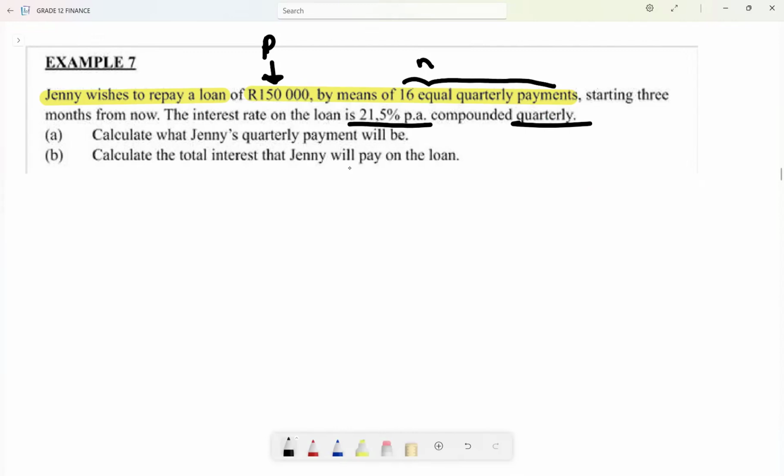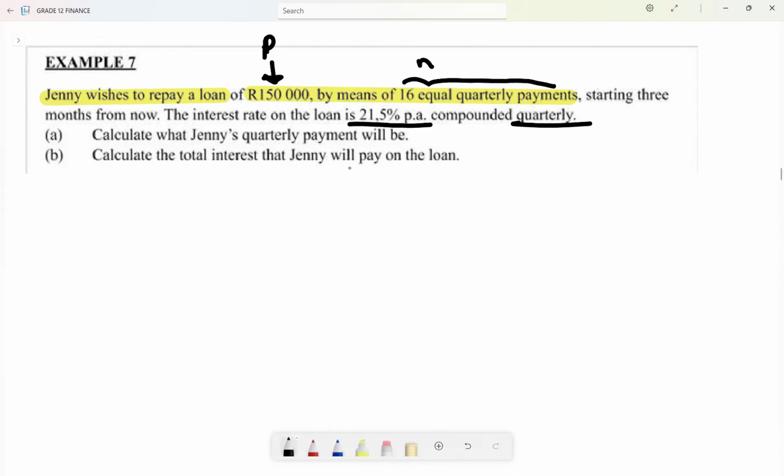Remember this: if it is compounded monthly, whether it is savings for future value or present value where you pay the loan back, you have to skip the first month. If it is quarterly, you have to skip the first 3 months. You make a payment 3 months after.